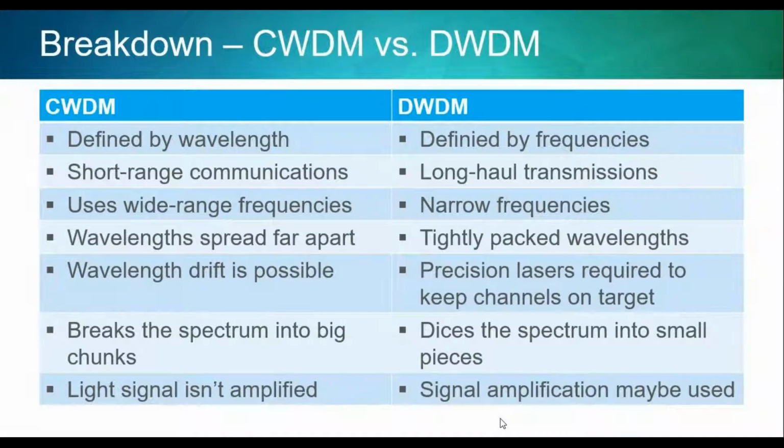For example, 195.9 terahertz corresponds to roughly 1530 nanometers, and 192.2 terahertz corresponds to around 1560 nanometers. But within a few nanometers, you can have multiple channels. That's why it's simpler to talk about frequency in the DWDM domain.